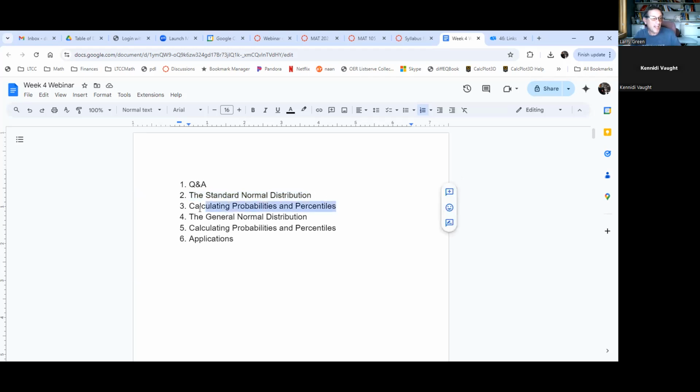Then we'll see how you calculate probabilities and percentiles from the standard normal distribution. And then after that, we will look at the general normal distribution. And again, that's not supposed to mean anything to you yet, but we'll see what the stuff means in a little bit. And we'll also talk about calculating probabilities and percentiles from the general normal distribution.